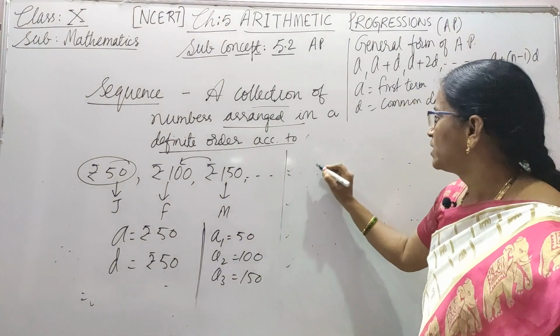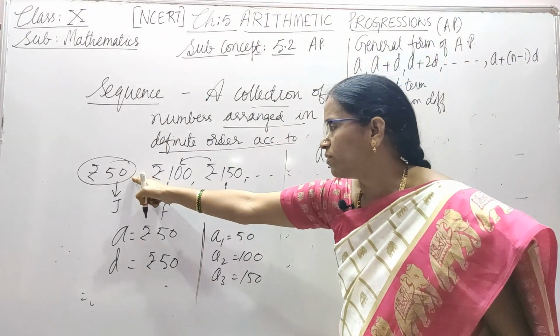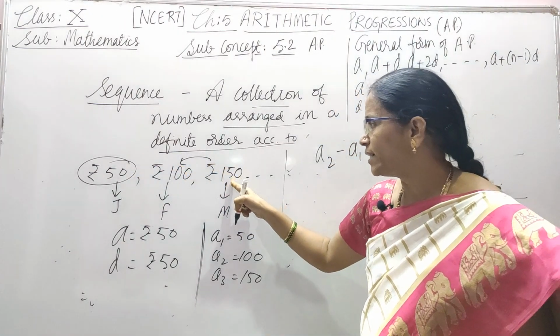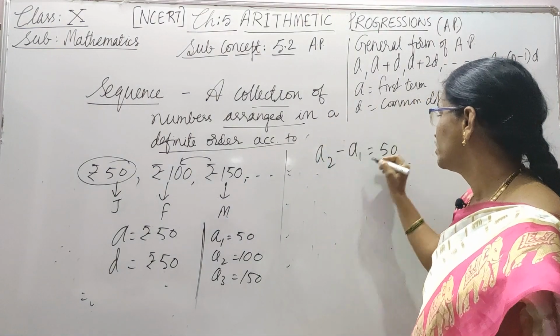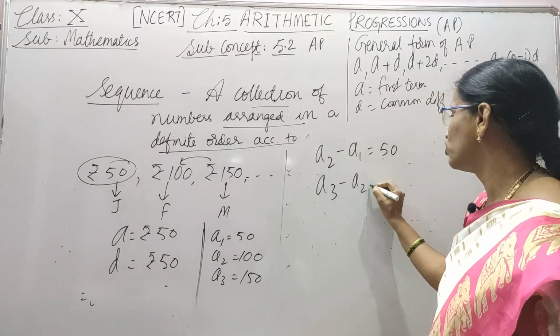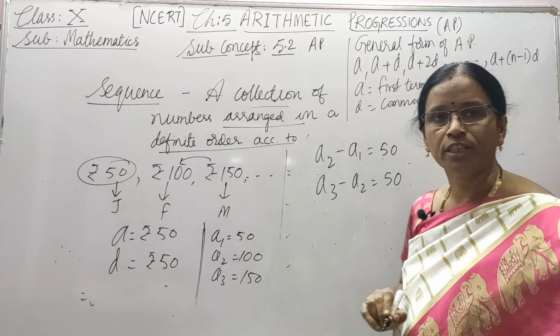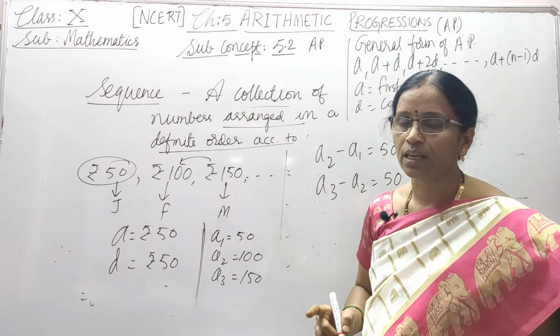See the common difference A2 minus A1. This is A1, this is A2, this is A3. A2 minus A1 is 50. And again A3 minus A2 is equal to 50, isn't it? So every time the common difference is the same.